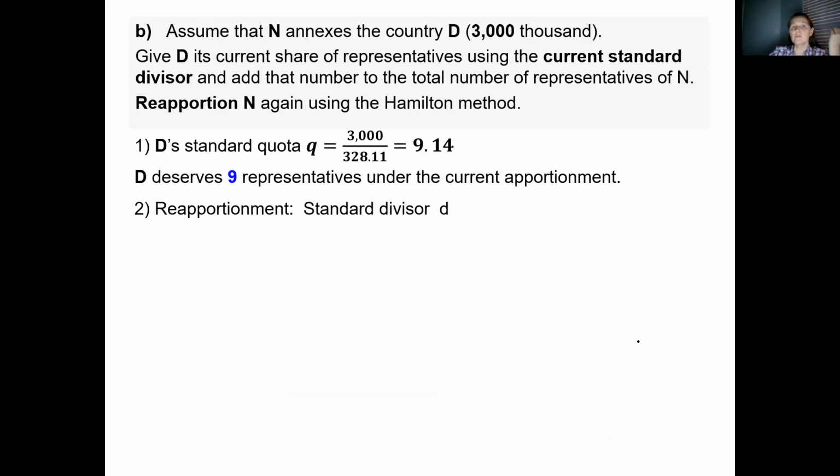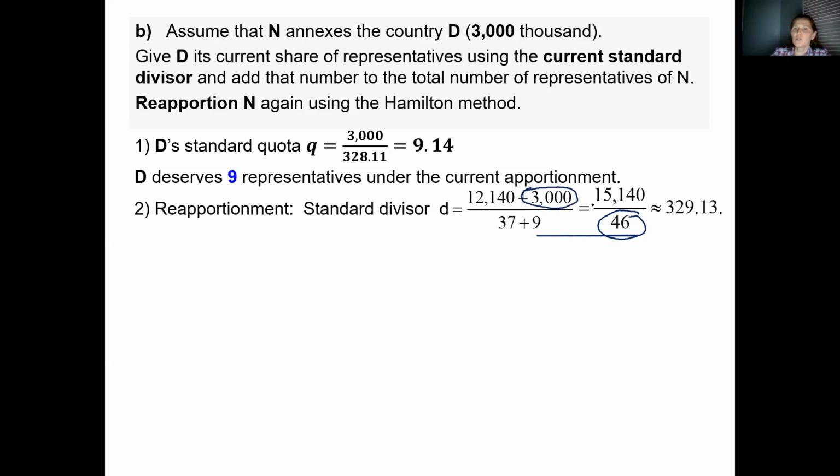So we add 9 representatives to the legislature. So now we have 37 plus 9, 46 seats to apportion, and the population also increased by 3,000. The new total is 15,140. So the new standard divisor is 329.13.